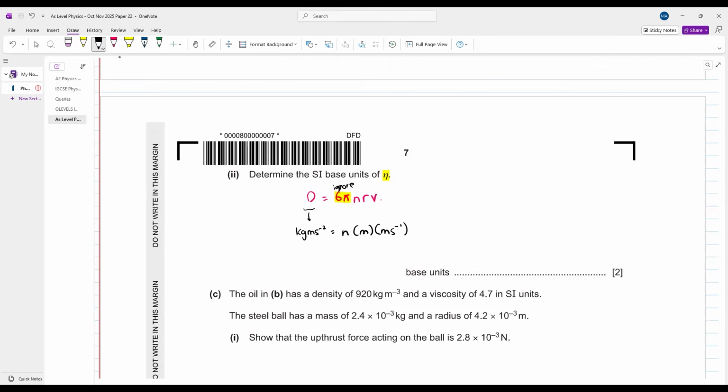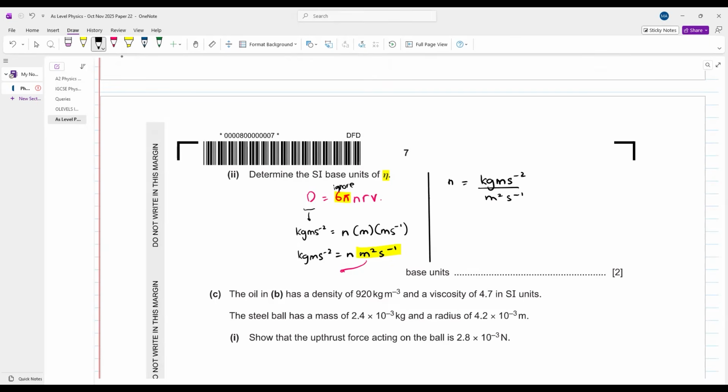Simple. Can you multiply them? Yes. kg m s minus 2 equals n meter square s minus 1. Divide it to the left side. Let's take this entire thing to the left side into the denominator. The units of n equal to kg m s minus 2 divided by what? m2 s minus 1.